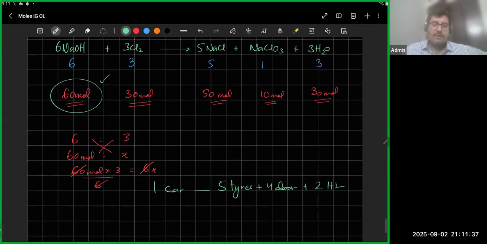So if I want to make 20 cars, then I would know the rest as well, right? I would know that if one car requires 5 tires, 20 would require, if you're good with ratios, it's going to be 100 tires, right? We can double check. One car needs 4 doors, right? So 20 cars would need 80 doors, right? One car needs 2 headlights, right? So 20 cars would need, how many will it be? That's going to be 80, right?